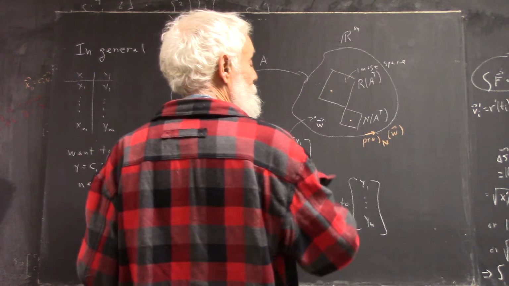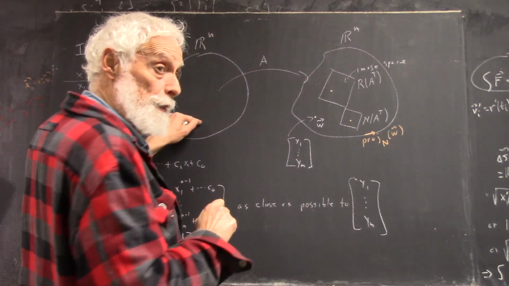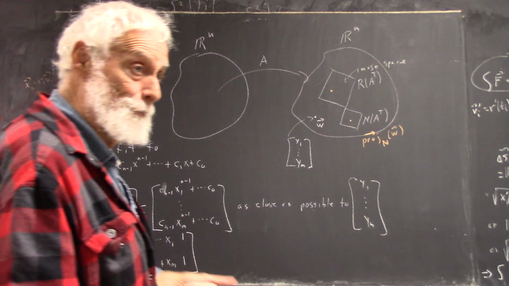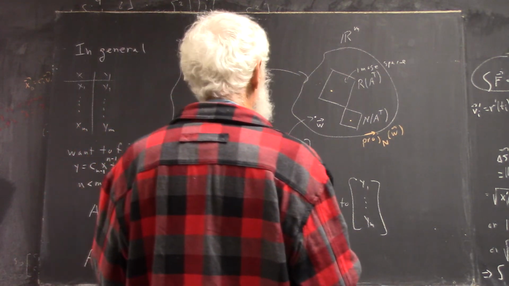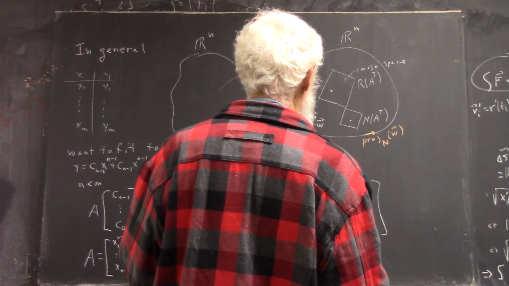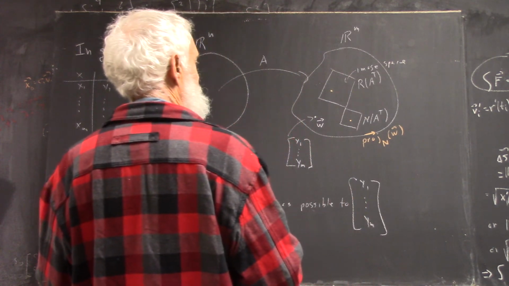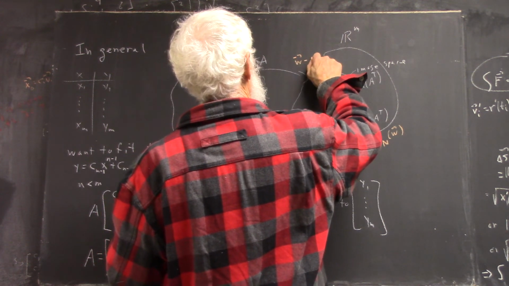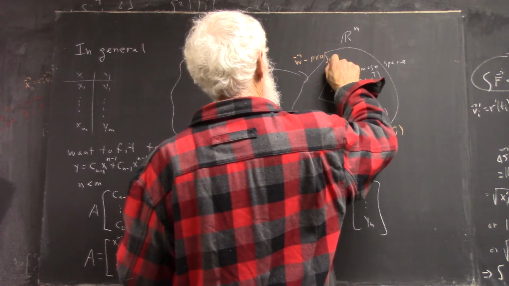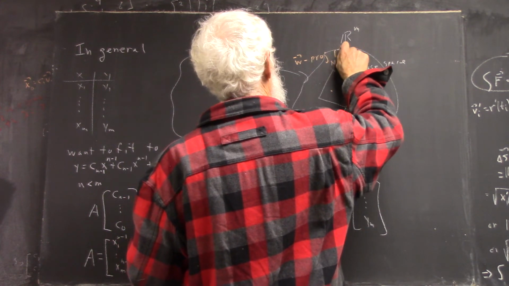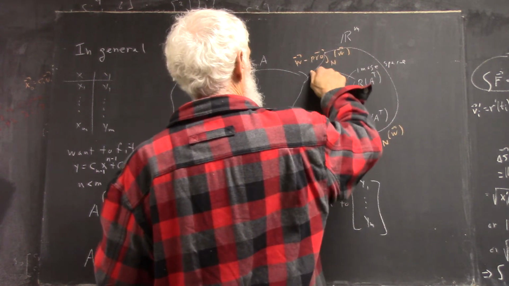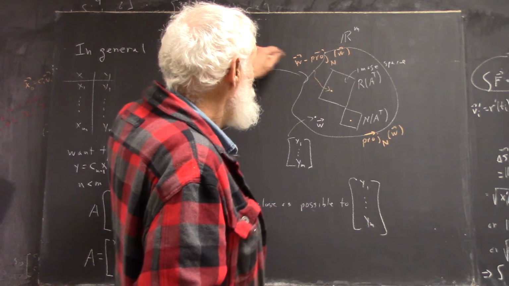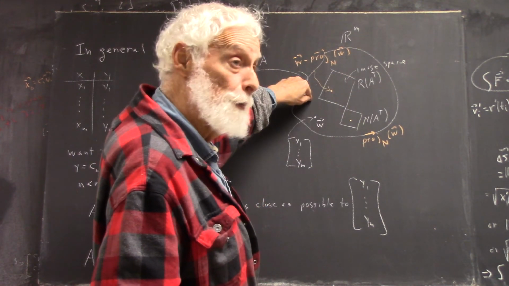And what's this vector? This is the vector you want, so you can take it back here and find out what it came from, which gives you your C naught through Cn minus 1. And this vector is W minus its projection. This is the vector that's as close as possible to this one within this space.